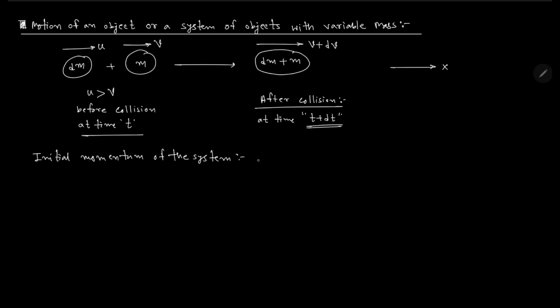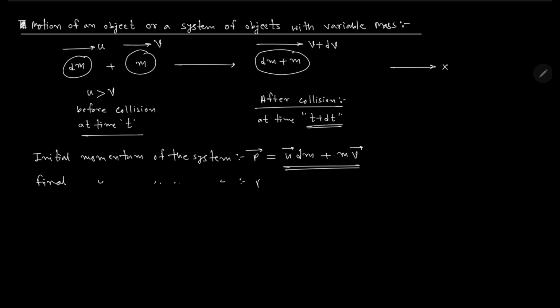Let's say that is p vector, which is equal to u vector dm plus m v vector.